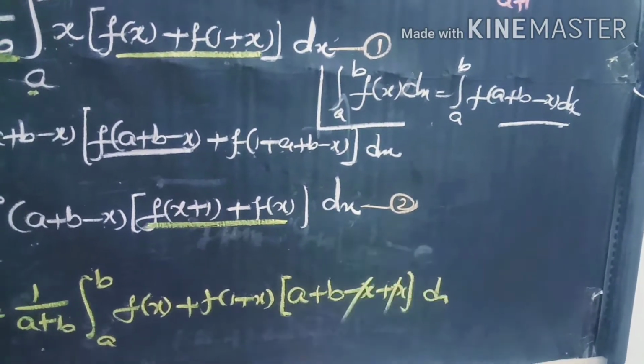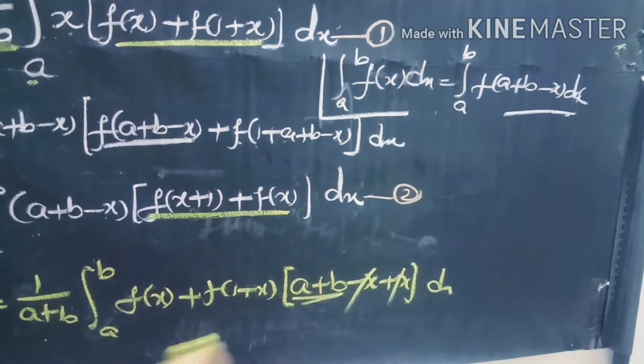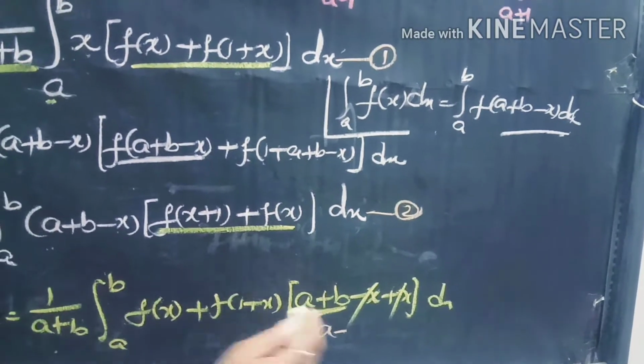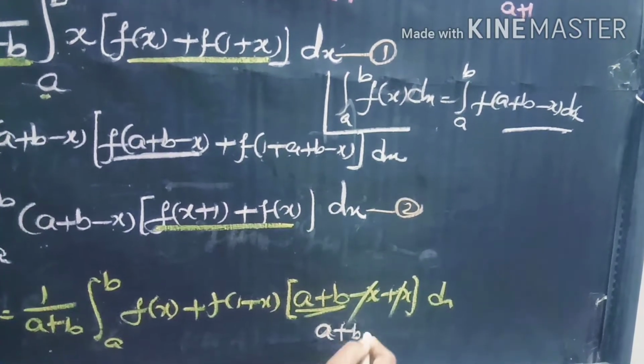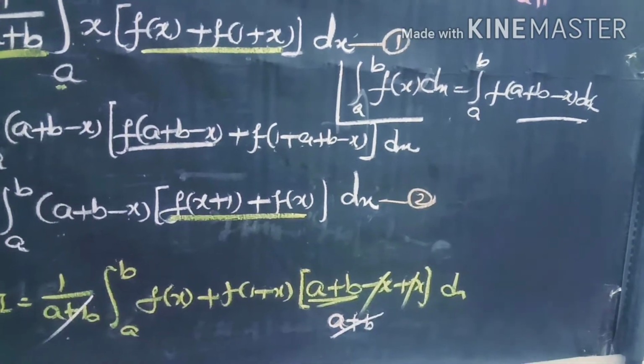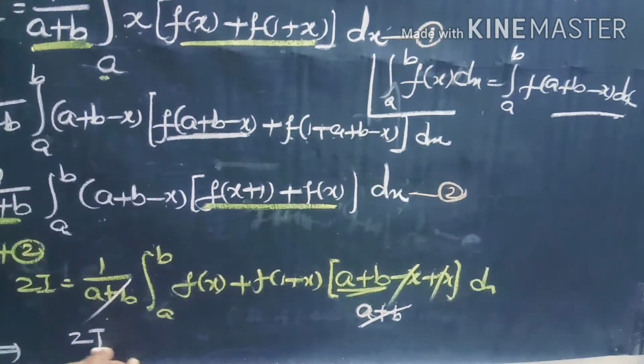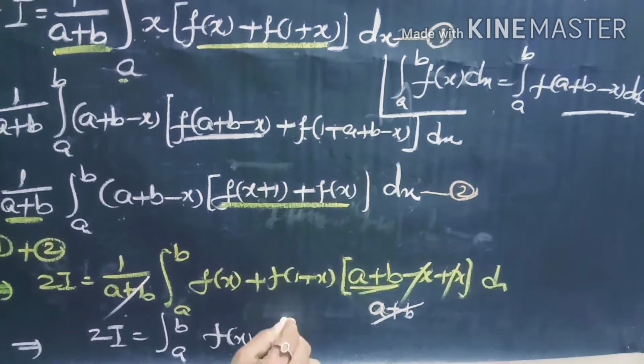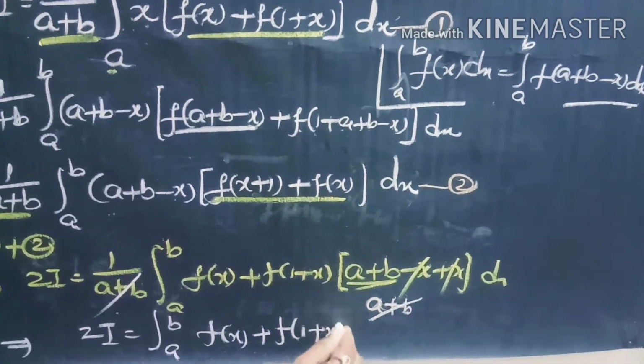Now here -x + x gets cancelled. The remaining term is only a + b, and here (a+b)/(a+b) gets cancelled, which implies the value of 2I = the integral from a to b of (f(x) + f(1+x)) dx.